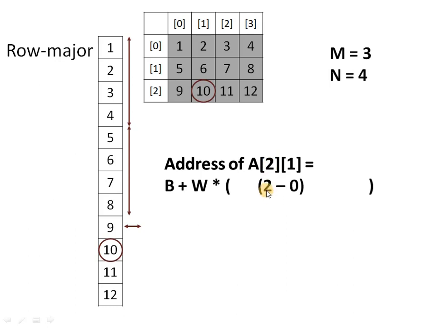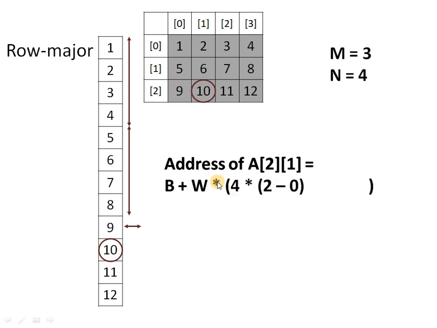So, we have written 2 minus 0, where 0 is the lower bound for this index, as it is not given, so we have to put it as 0. This value, that is 2 minus 0, has to be multiplied with the total number of elements in each row, which will be equal to the number of columns. So here we will have 4, as there are 4 columns in the given matrix.